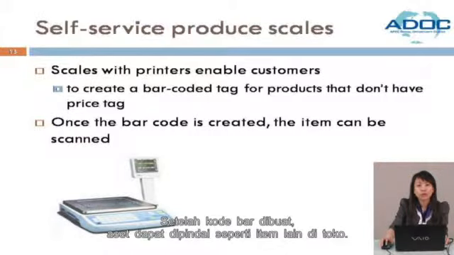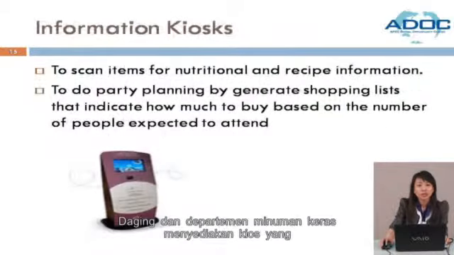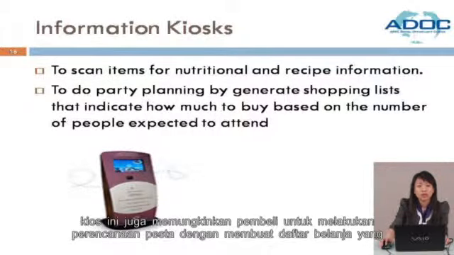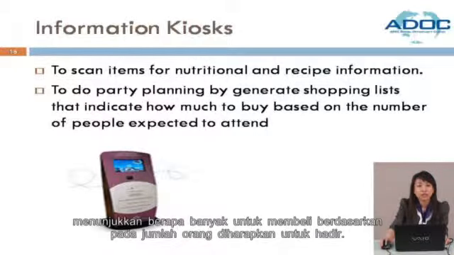Once the barcode is created, the item can be scanned like any other item in the store. The meat and liquor departments provide kiosks that shoppers can use to scan items for nutritional and recipe information. These kiosks also enable shoppers to do party planning by generating shopping lists that indicate how much to buy based on the number of people expected to attend.